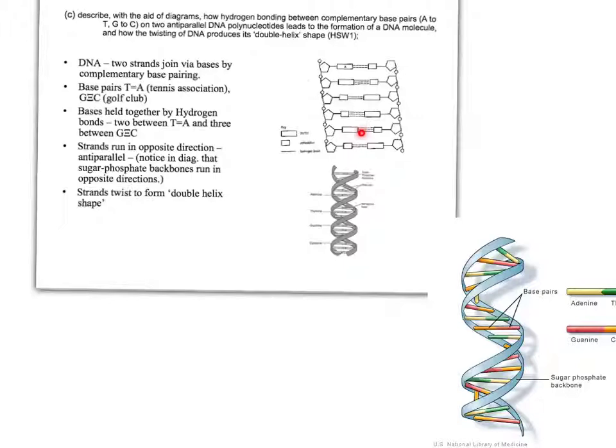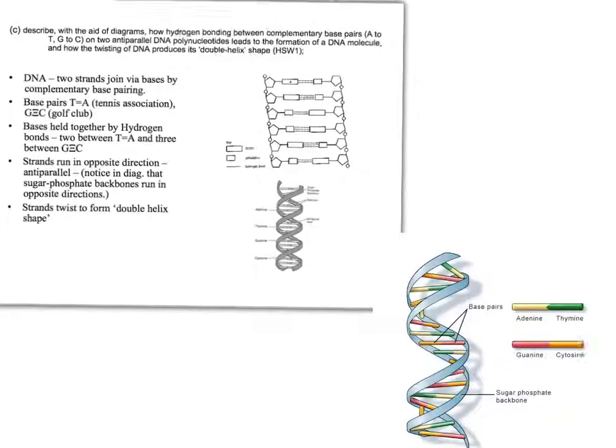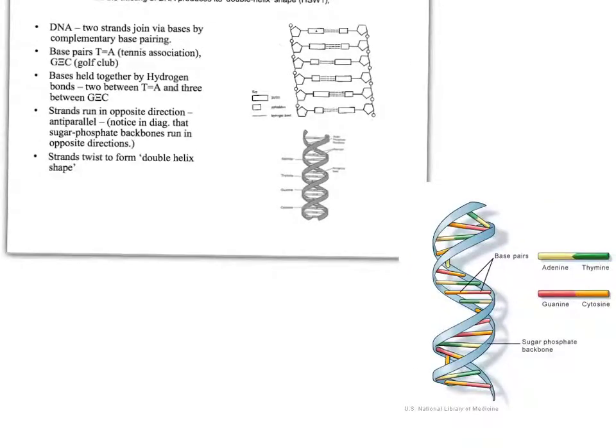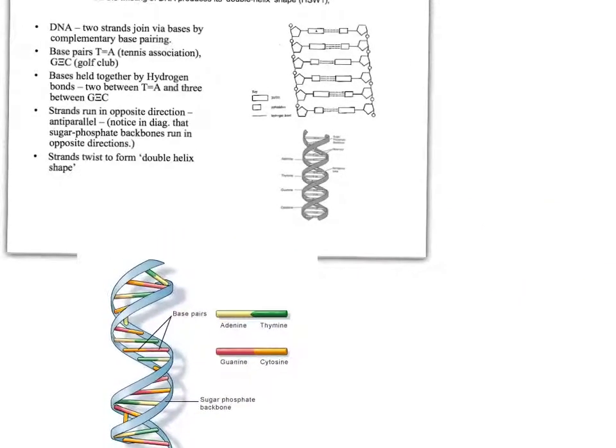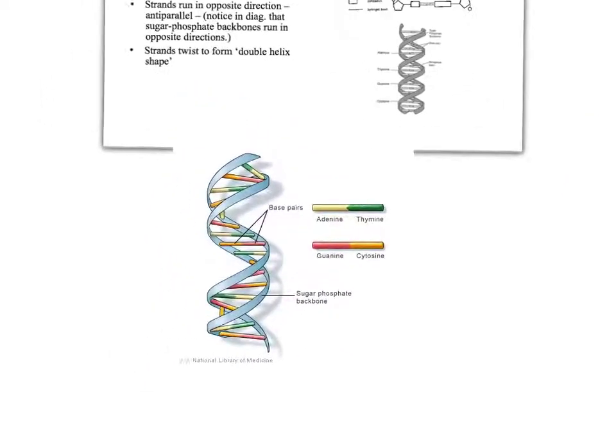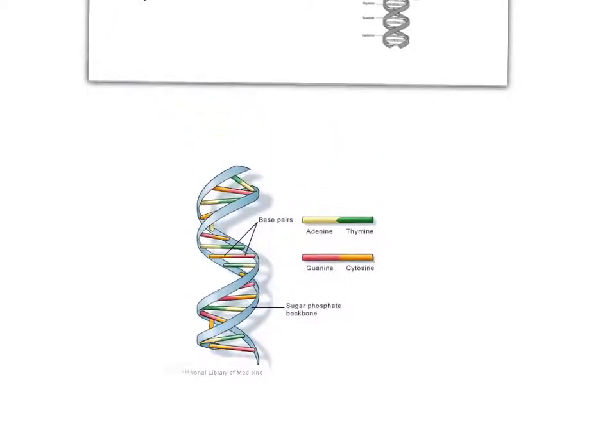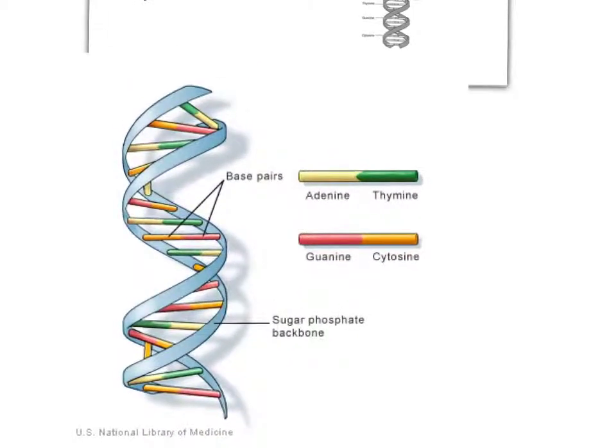As I mentioned before, the two base pairs that we deal with are adenine, always base pairing with thymine, and guanine, always base pairing with cytosine.